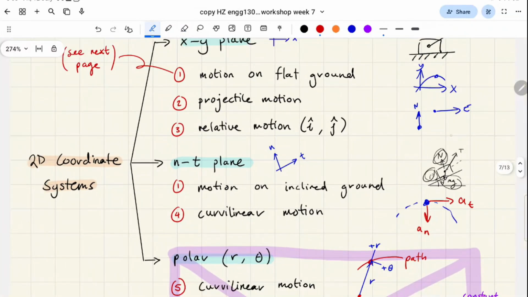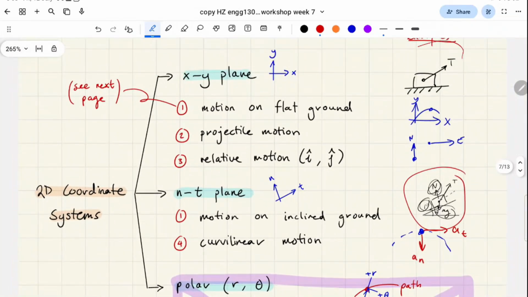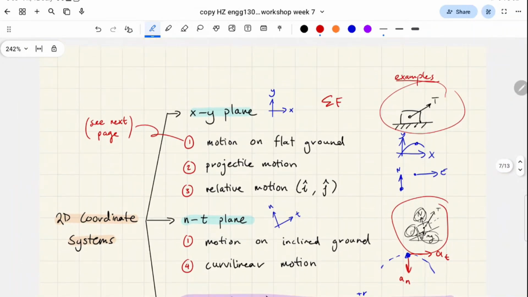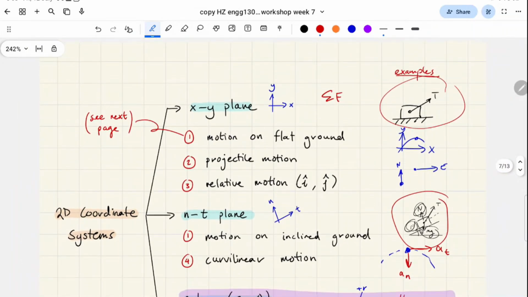I want to quickly say, this is a realization I made just now in the break. The motion on inclined ground and flat ground generally has to do with Newton's second law, the sum of the forces, that kind of stuff. Every time I look up the definition of kinematics and kinetics, I get confused, but I'm pretty sure that's kinetics. Whenever we deal with forces, it's actually next week's topic.